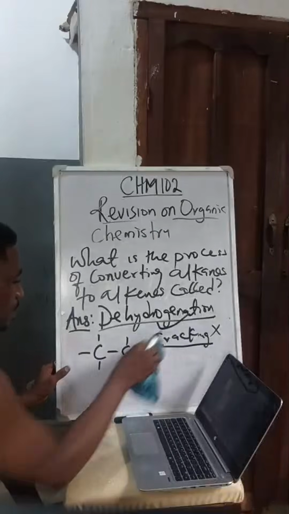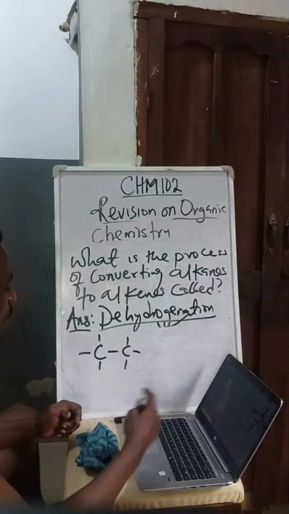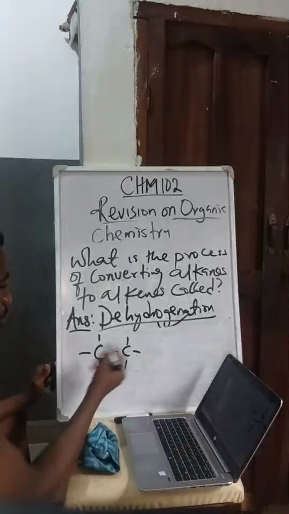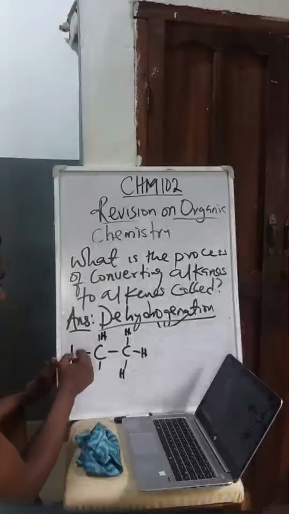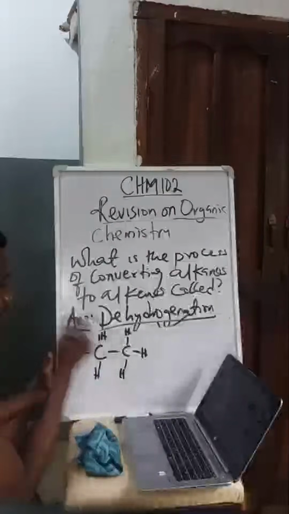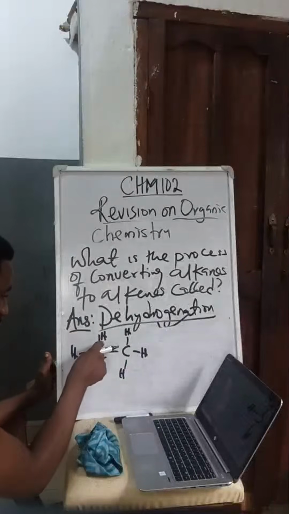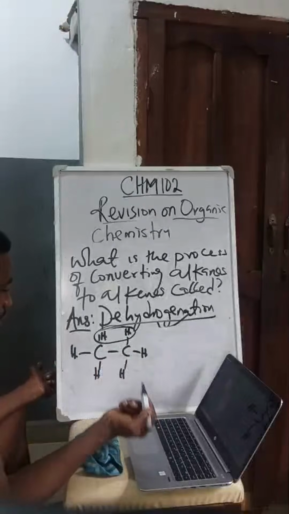Okay, now watch and see what dehydrogenation is, the process of removing hydrogen. So this is hydrogen, hydrogen, hydrogen, hydrogen, hydrogen, hydrogen. So we take away two hydrogens. When we remove this hydrogen, what is left?